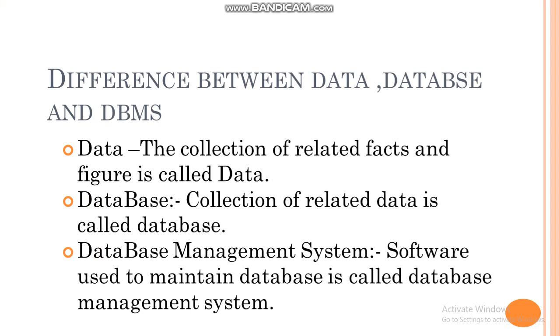The attributes are like student ID, student name, student roll number, student email ID. All these are the attributes. After creating the table, we put in the data. So here is the data.